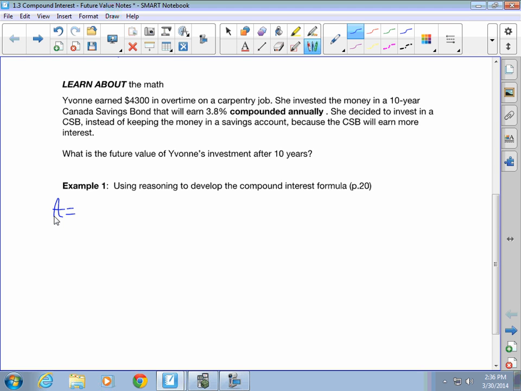The second formula was for future value: A is equal to P plus PRT, and your A stands for your future value. Or, if I GCF the P out, A is equal to P times 1 plus RT.